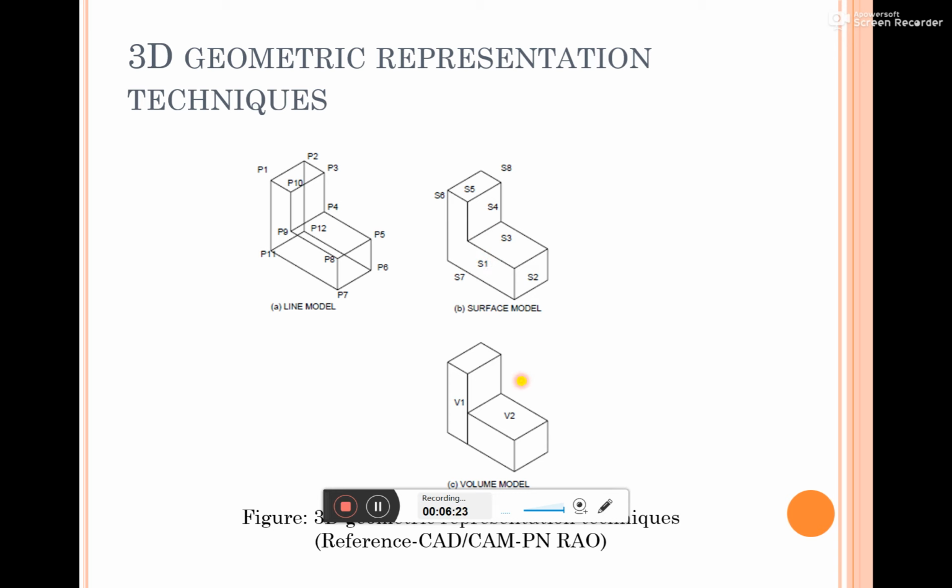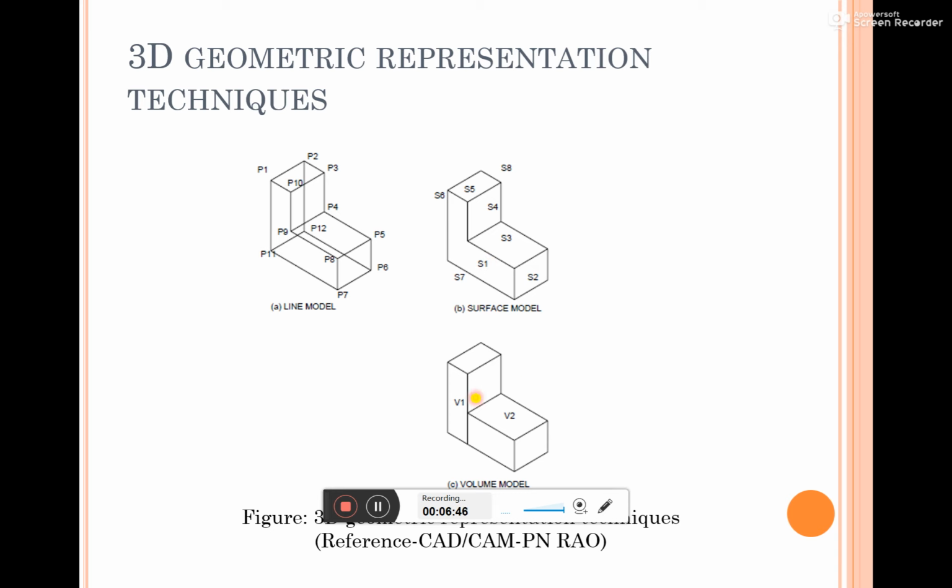Coming to the next type of modeling, that is solid or volume modeling. You can see that for the same model, in the first we used different points and lines, connected the lines, and developed this 3D model. In the second we used different numbers of surfaces to represent this 3D model.